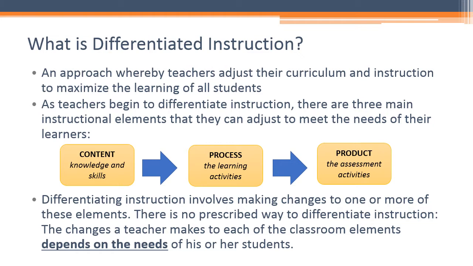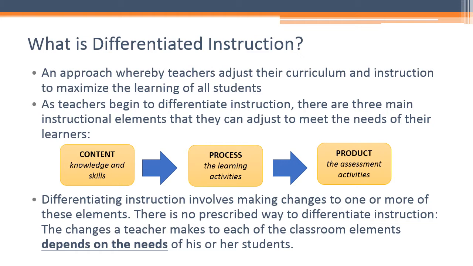Even if it's a student in regular education, students with disabilities, students with foreign origin, and so on. All means all. So this is an overarching principle wherein teachers need to adjust the curriculum and instruction so that all learners will benefit and learning will be maximized.